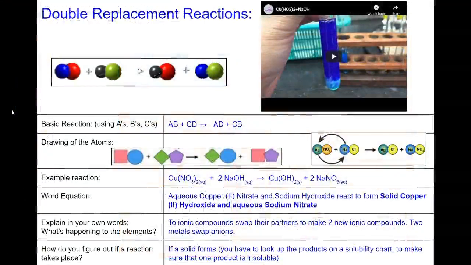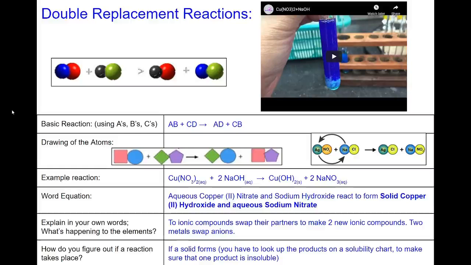The first slide in our notes is actually copied straight from our Part 1 notes of Unit 6, where we discuss the 5 different types of chemical reactions. Right now, we are only focusing on double replacement reactions. So I wanted to give you a little reminder of what's going on here. Double replacement reactions are when I have 2 ionic compounds, which are always in solution.